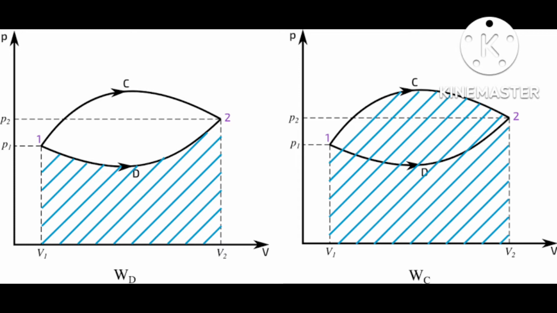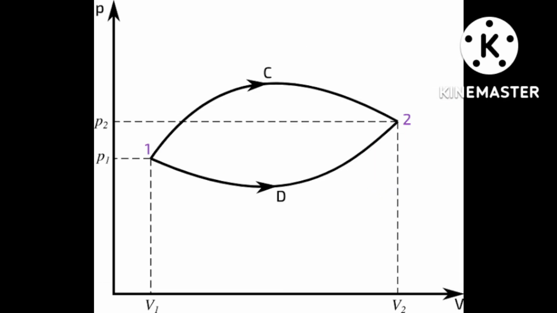Second, when work is done on the system or by the system. Two types of work are done. This also you don't forget. Both are meaningful.